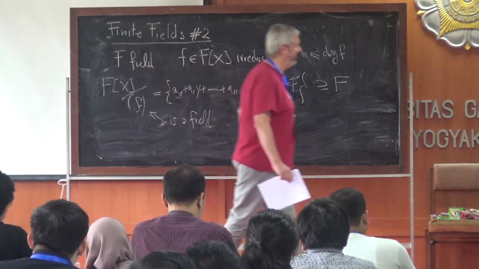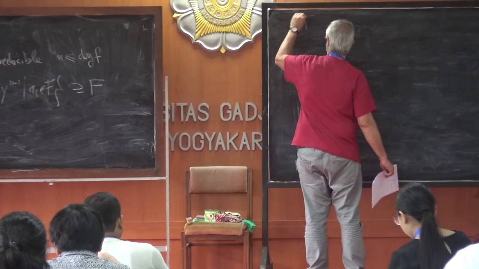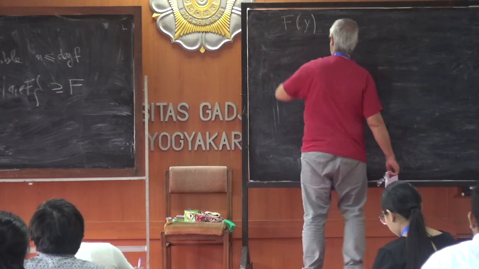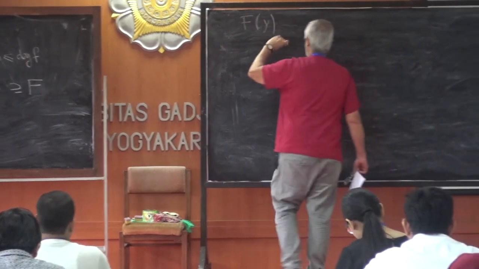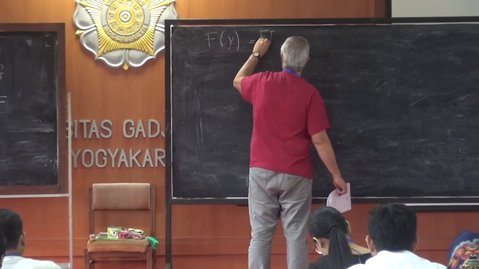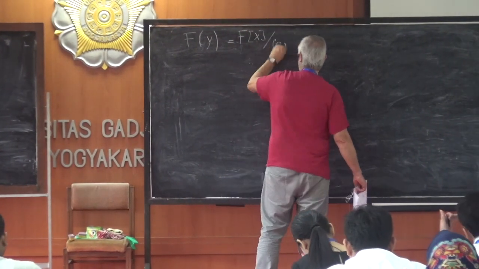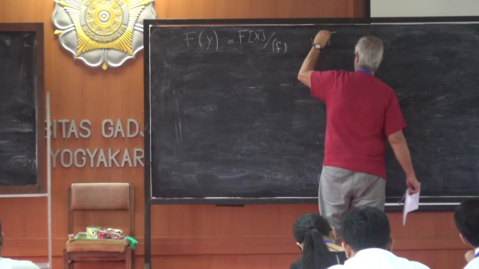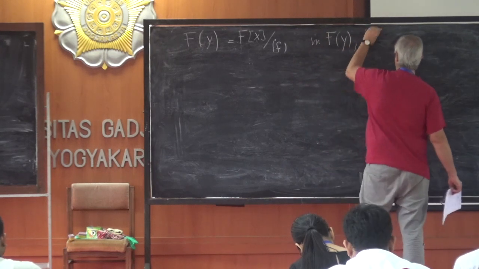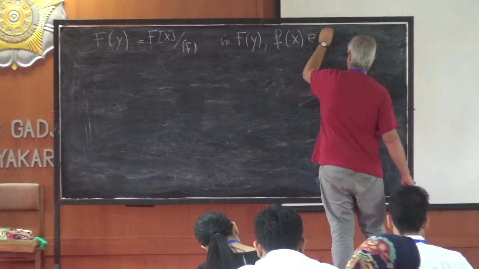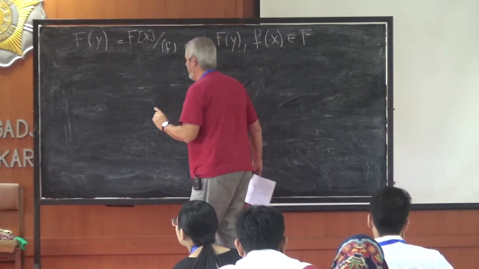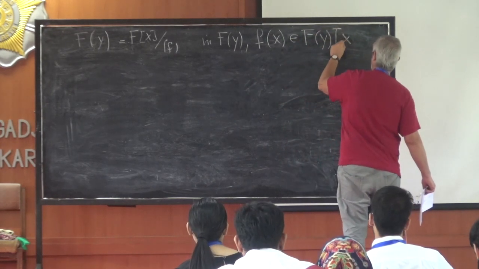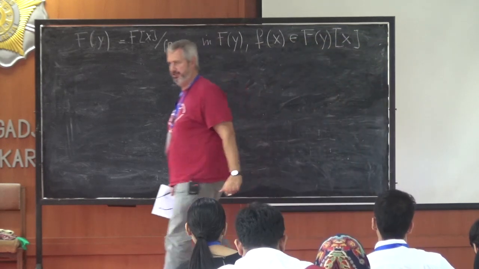Okay? And so sometimes we can indicate, well, I'm just going to follow Peter with the round bracket, this one, so that we forget about this notation. And in F(y), the polynomial f of x, which we can think of as a polynomial with coefficients in F. But we can also think of this polynomial as having the coefficients in the larger field, right?